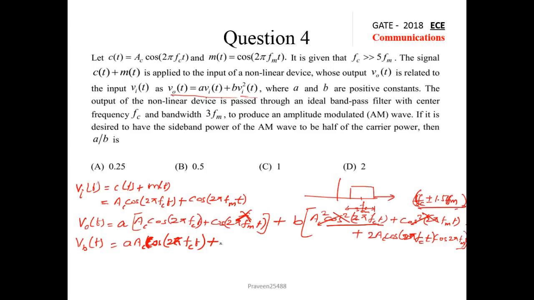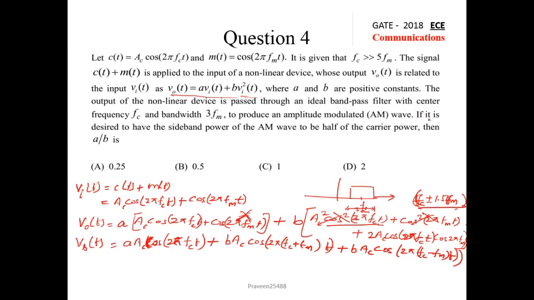So by applying this, these two will be cancelled out, and we will get B AC cos 2 pi Fc plus Fm of t plus B AC cos 2 pi Fc minus Fm of t. This is the output of the band pass filter.